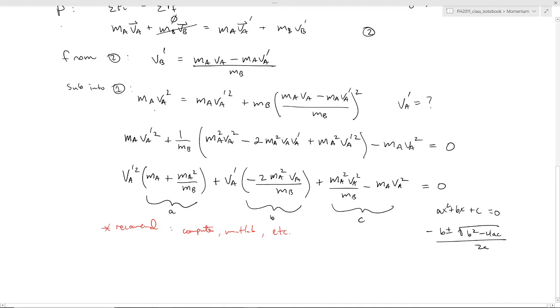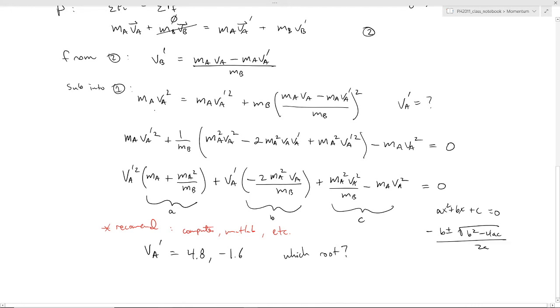So when I solve this quadratic, I get that VA is either 4.8 or negative 1.6. And then this brings up the question, which root is the right one?